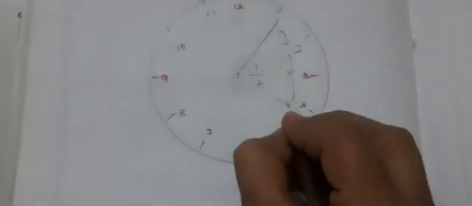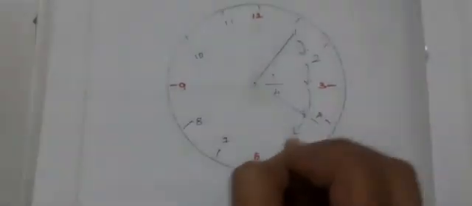See here, now I have drawn a line from the center to 4. So when we traveled from 1 to 4, we got one right angle, which is 1 by 4th of the revolution.